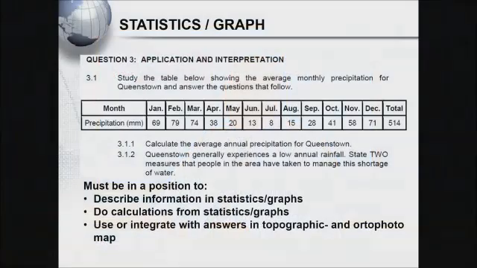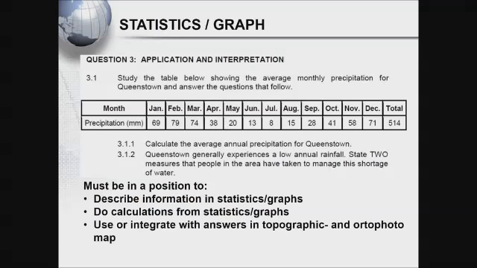Now, what is happening nowadays is that if you look at the question papers, sometimes they will also give you statistics of something in that region. Last year, for instance, they gave the average monthly precipitation for Queenstown. Remember, they did Queenstown's map.